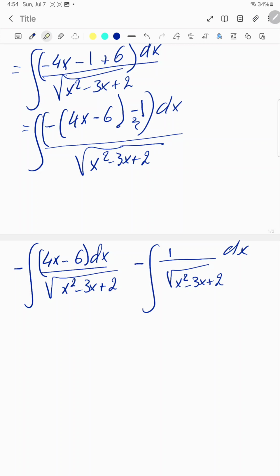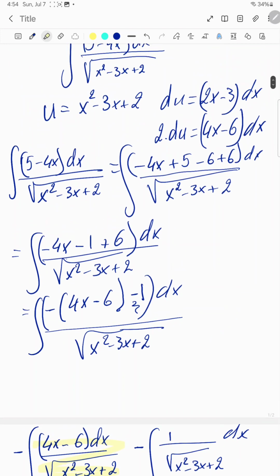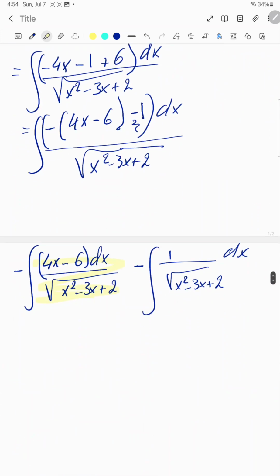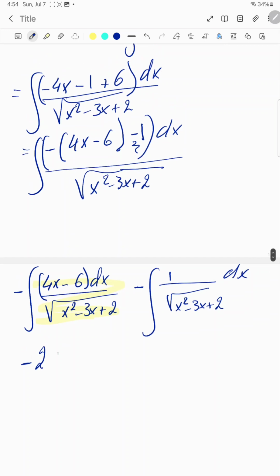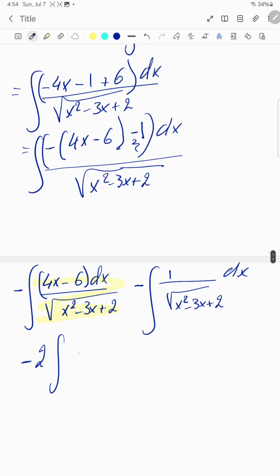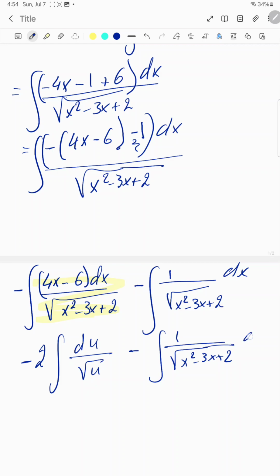Now if I look at that first integral, I already have my u equal to this, and 2 times du equal to the numerator of that integral. So I can rewrite this as minus, and the 2 is outside because it's a constant, integral of du divided by square root of u, minus integral of 1 divided by square root of x squared minus 3x plus 2 dx.